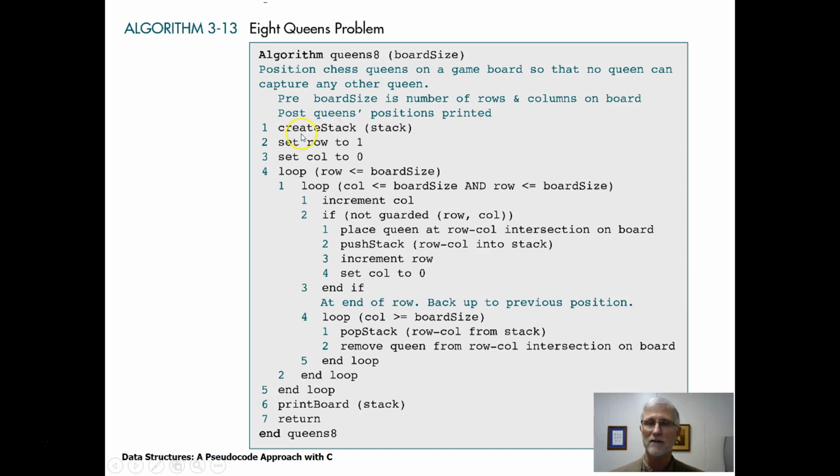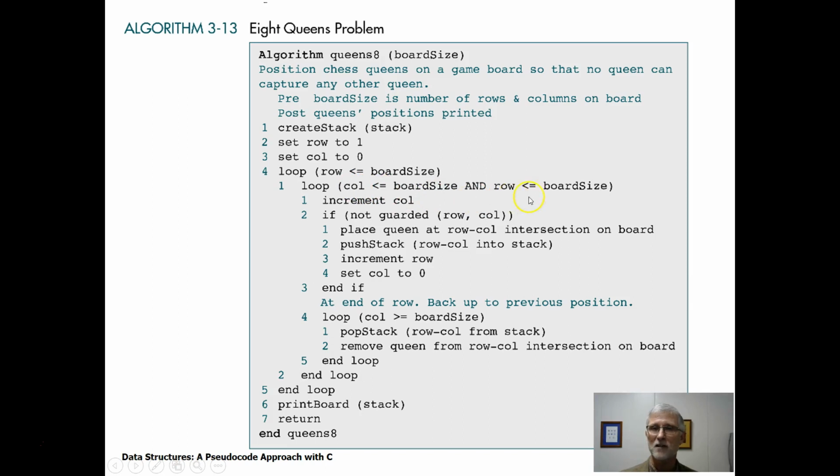As with everything else in our stack, we create it. I set my columns and rows to the starting point. Now I'm going to loop through, starting with row 1, up until the board size. So if the board size is 8, it's going to be between 1 and 8.